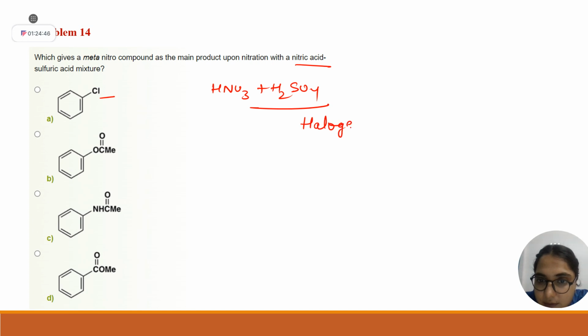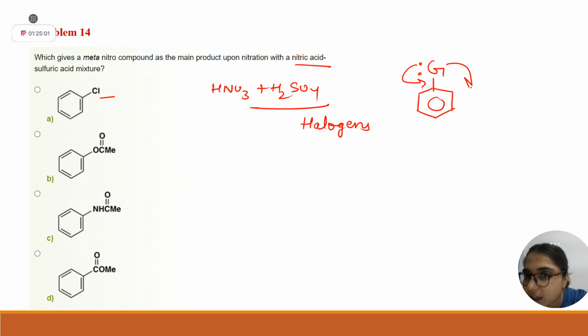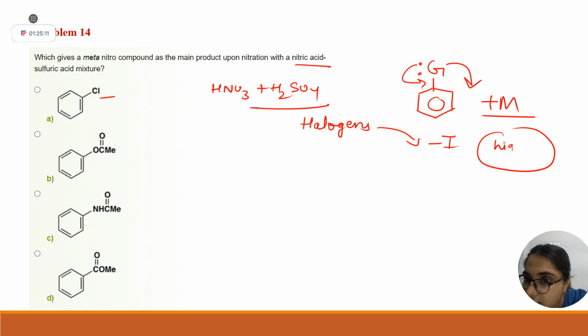Okay, guys. If we look at the plus M or mesomeric definition, what it says is, if any group has a lone pair, it can donate its electron density to the benzene ring and it will come under the category of plus M. Yes, but halogens are minus I. Why? Because they have higher electronegativity. Yes or no?